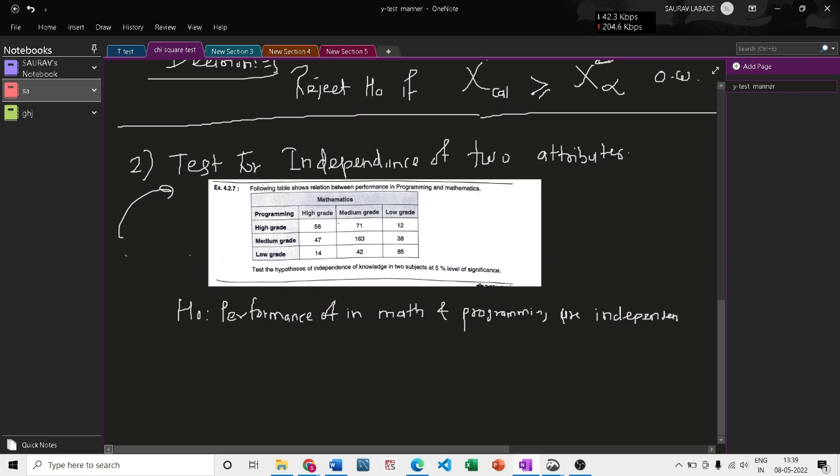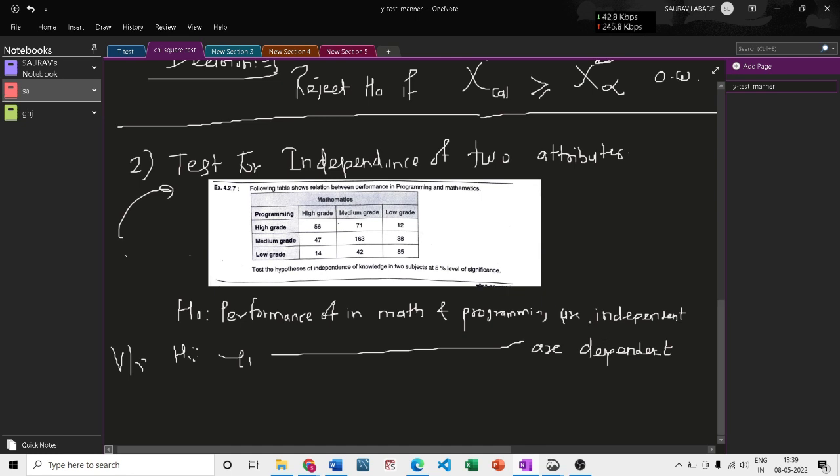If it is independent, then this will be my null hypothesis. And what will be H1 then? The performance in math and programming are dependent. This will be my alternative hypothesis.